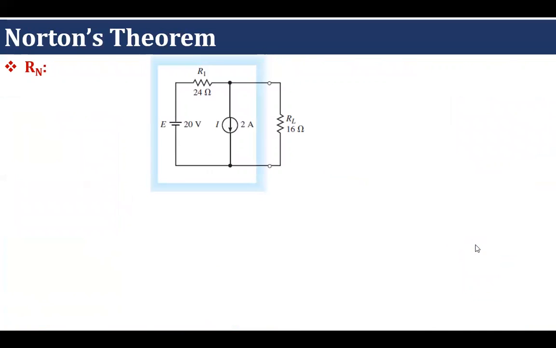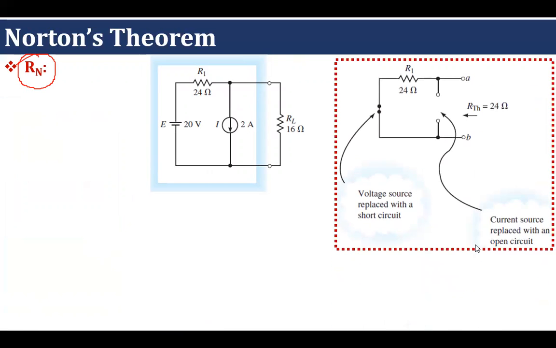Now the second step is to calculate the Norton's resistance. How will it be calculated? It is very simple, since there is no dependent source, so we can easily find it out. Remove the load and give the terminal names A and B. Nullify all the independent sources.